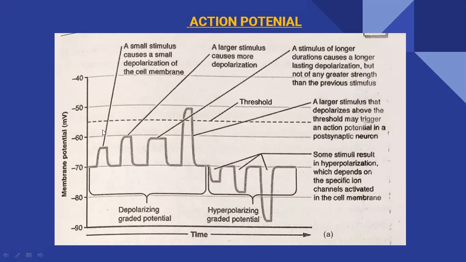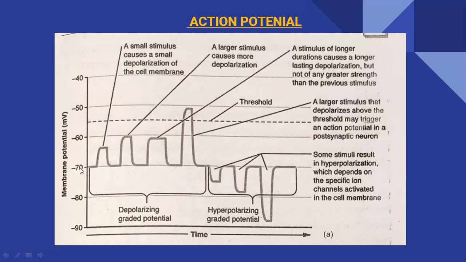When the stimulus has enough strength to increase the potential from minus 70 to minus 55, only then will action potential be generated. So to generate action potential, the stimulus must have the strength to generate minus 55 millivolts. The threshold potential value is plus 15 millivolts.